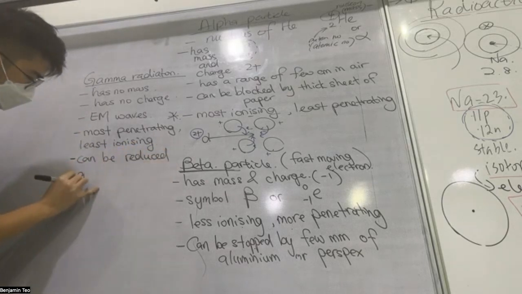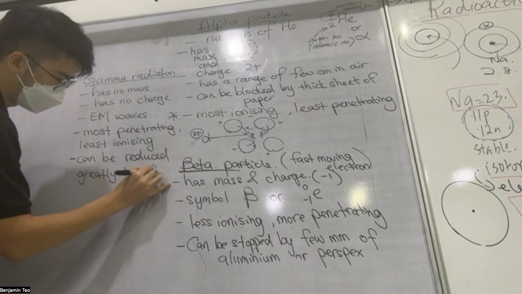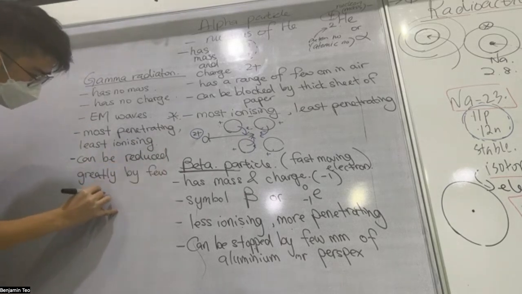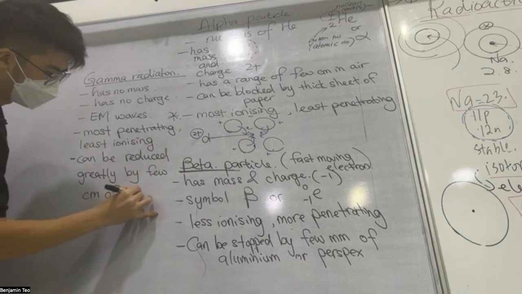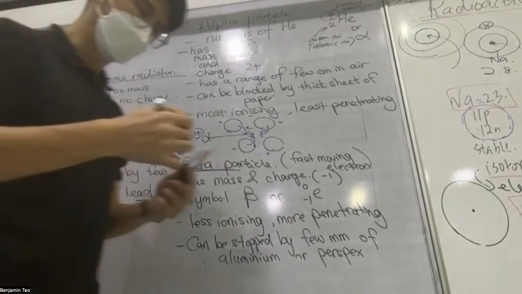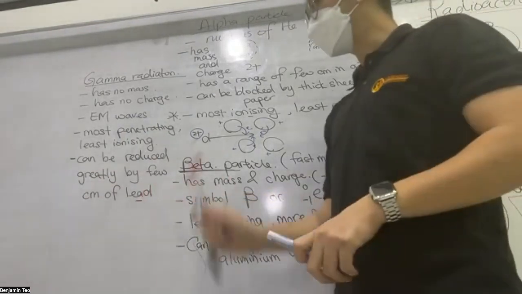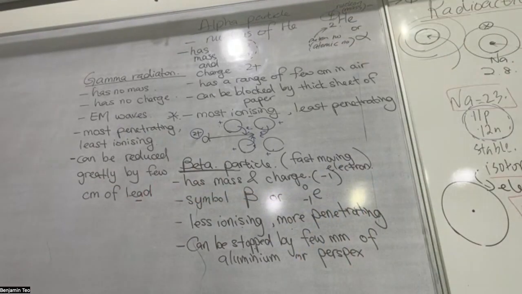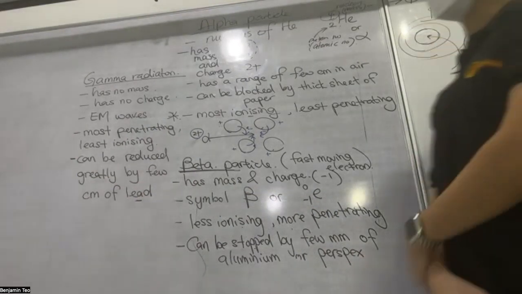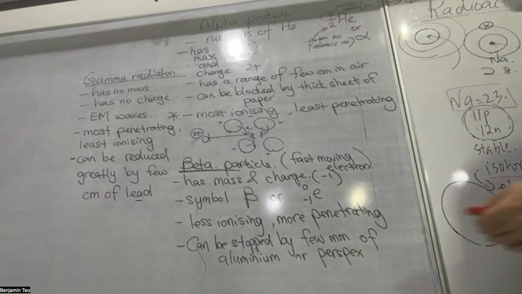It can be reduced greatly by a few cm of lead. Lead is a very dense, heavy material. Dense means many particles are packed in it, so it can block gamma radiation more easily.